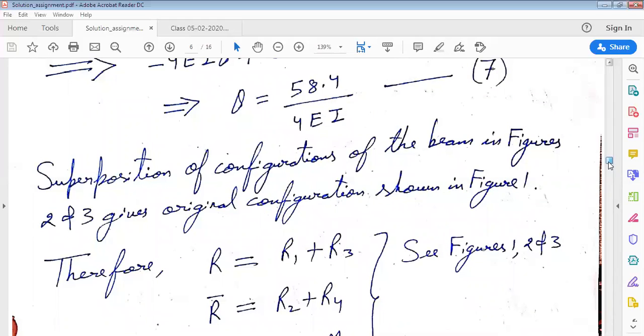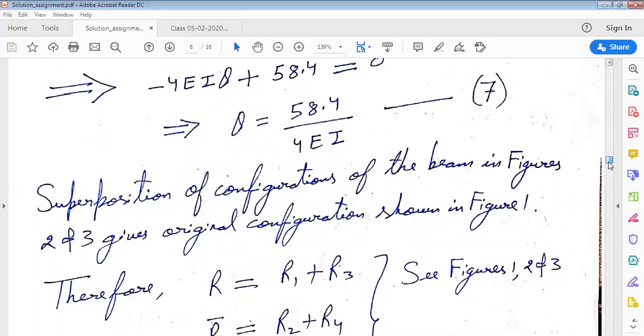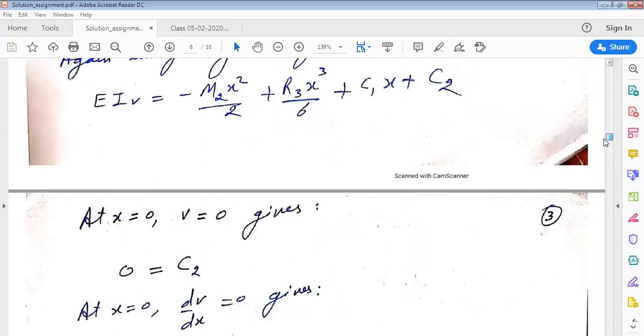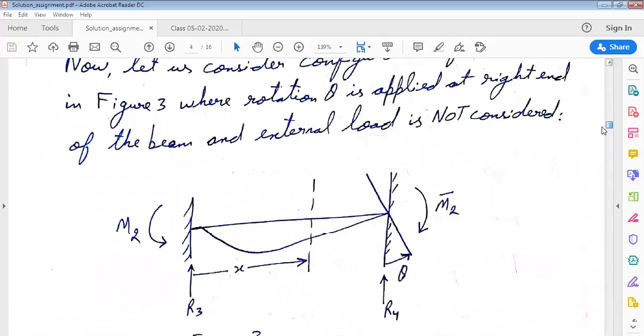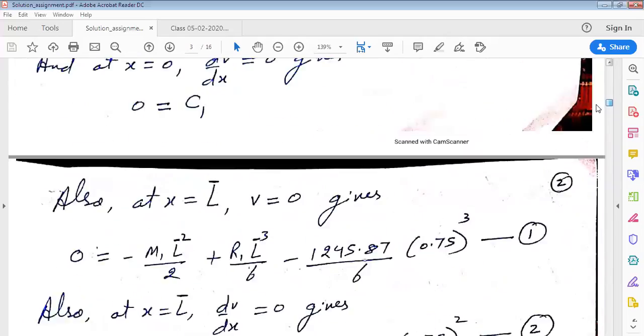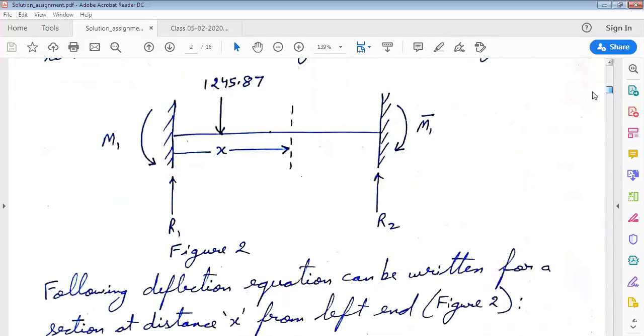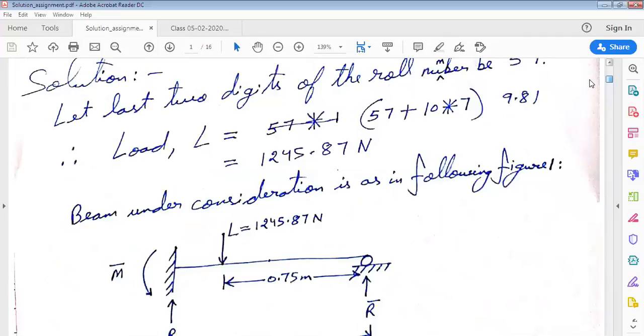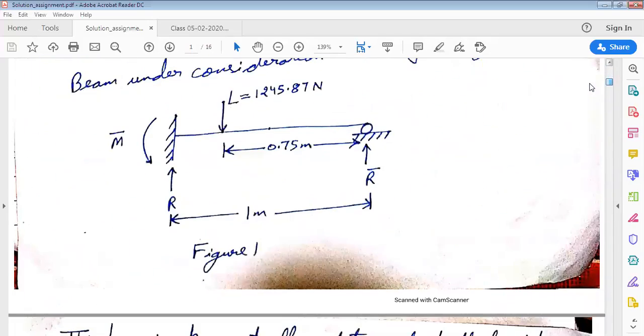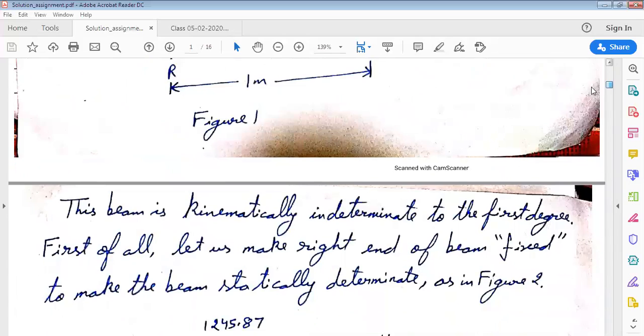Also, when we superimpose this configuration to this configuration, we get the original configuration, right? Now, that means by adding the reactions of the two configurations which we just discussed, we can get the reactions of this original beam.